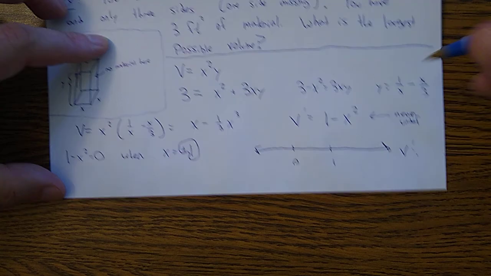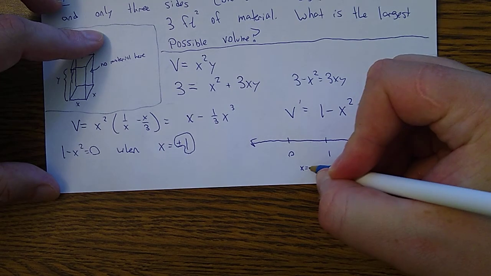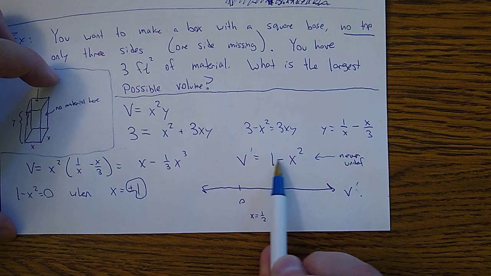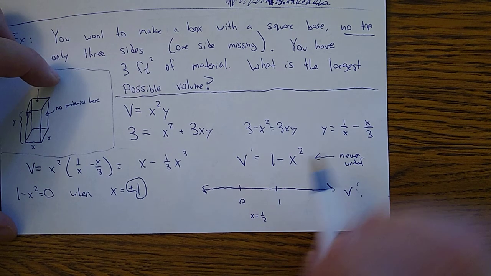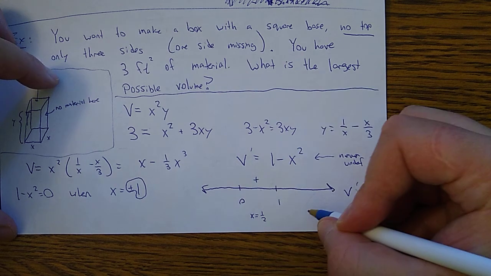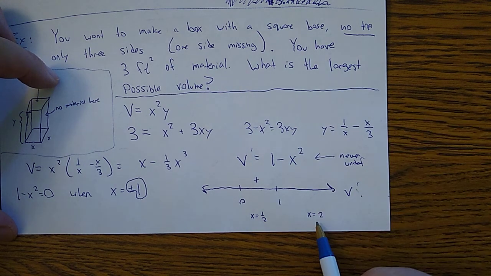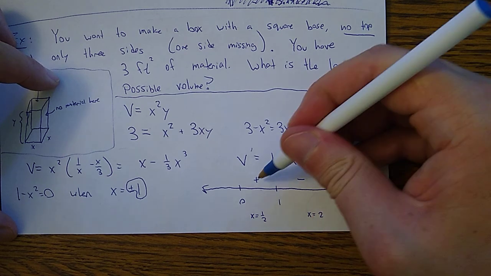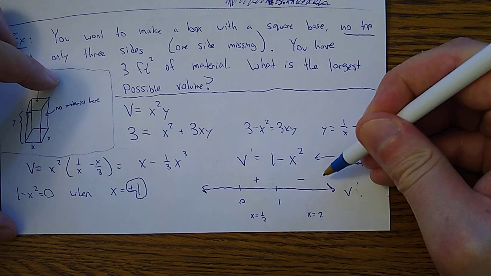And we can see that. If you plug in x equals 1/2 into V prime, this would be 1 minus 1/4, which would be a positive number. If you try x equals 2, you'll get 1 minus 4, which is a negative number. So there is a maximum that occurs here.